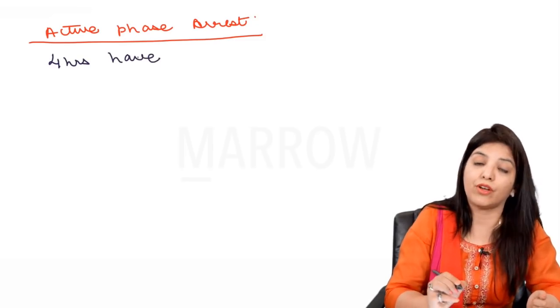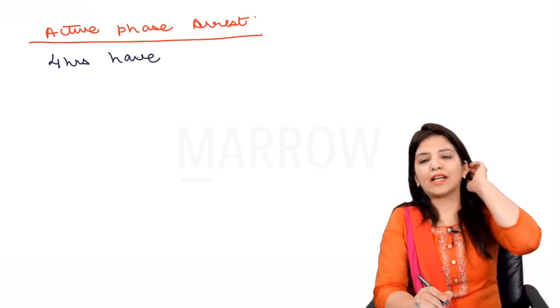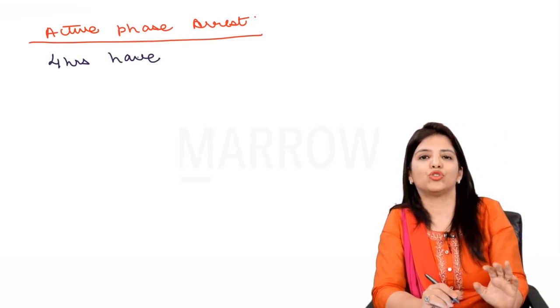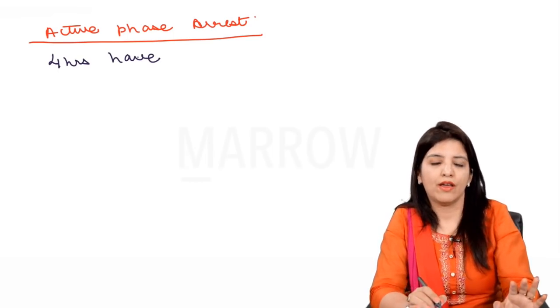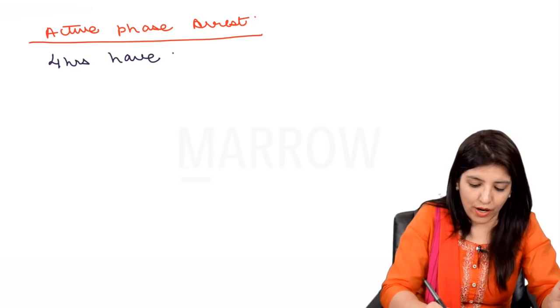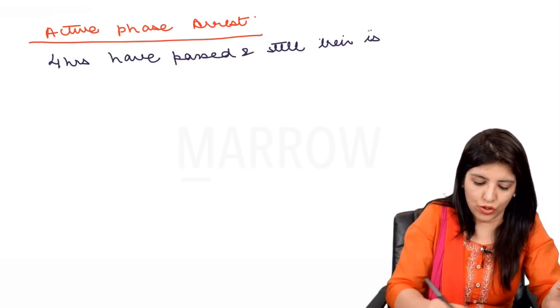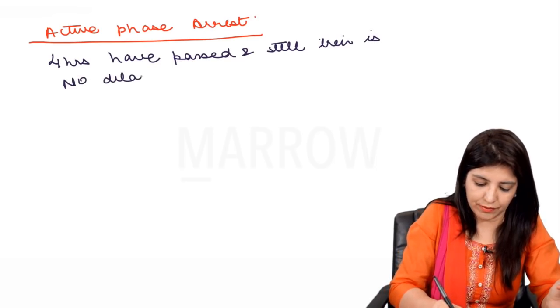Again, very important, this has changed. Earlier, they used to say that active phase arrest means no dilatation at all and 2 hours have passed. But now they say that 4 hours have passed and still there is no dilatation of the cervix.